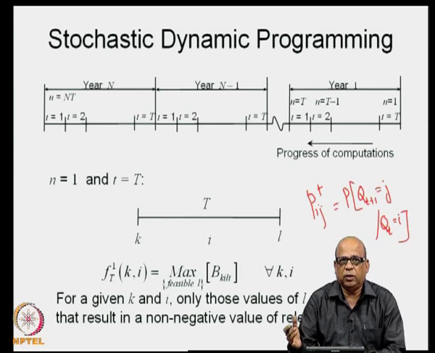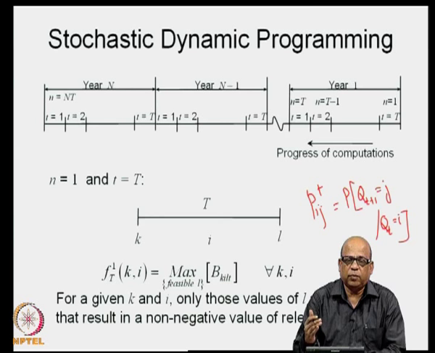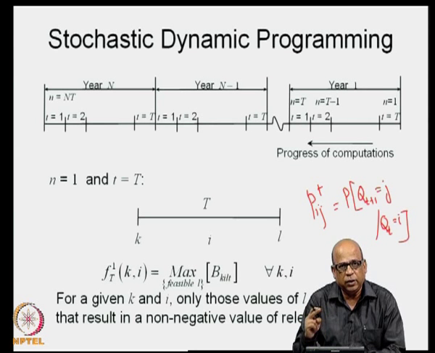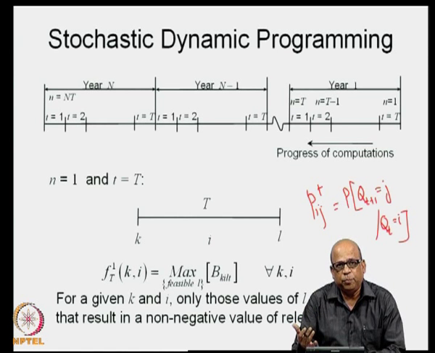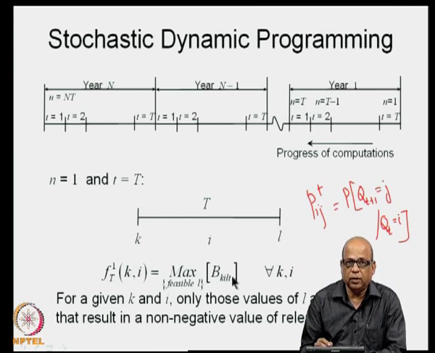Now, the actual hydropower that is generated will be a function of the release that is made through the penstocks to the turbines, and that release itself is a function of k as well as L. Therefore, we write the release as R(k,I,L,t), it is also a function of I, and the power that is generated will be a function of both the release as well as the head, and the head depends on the storage, and therefore, the return or the system performance measure will depend on k, I, L in period t. That is why we write B(k,I,L,t).